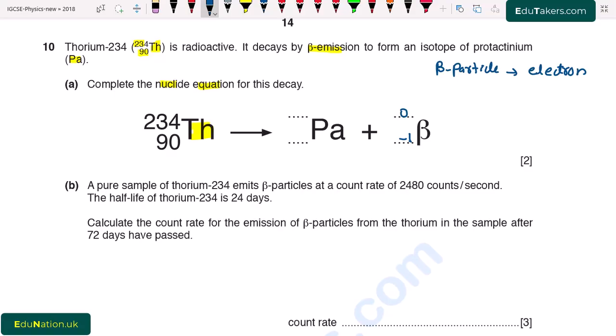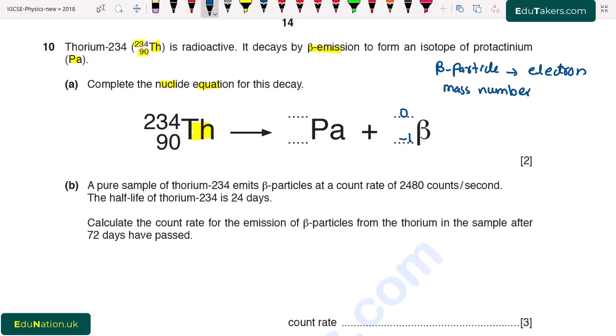In order to find out the proton number and nucleon number of the protactinium, we have to check the atomic number and mass number on both sides of this arrow. First of all, I write here mass number.